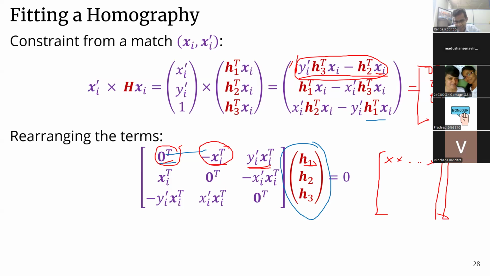So h1 has 3 numbers, h11, h12, h13, and so on, finally up to h33. There are 9 numbers there, so this is a 9 by 1 vector, and this is a 3 by 9 matrix.